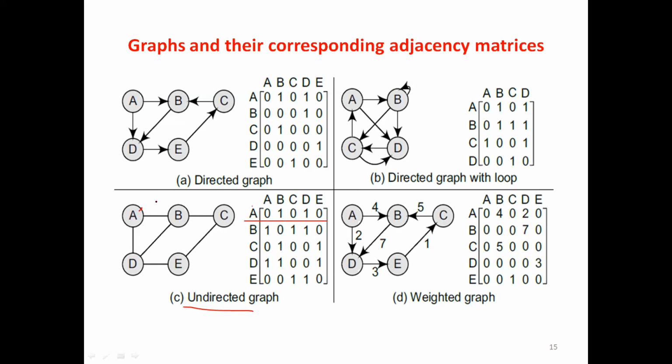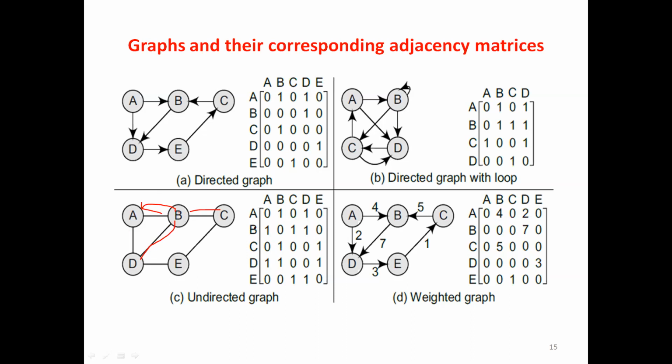A is connected to B and A is connected to D. This is similar to the first case. Look at B. B is connected to A, B is connected to C, and B is connected to D. So the neighbor nodes of B are A, C, and D.